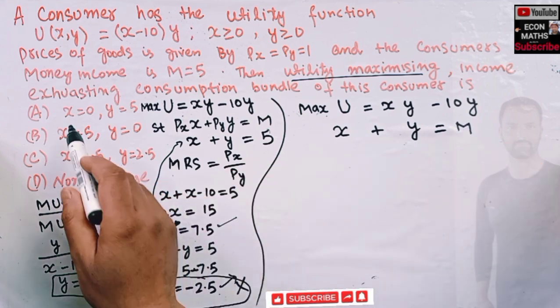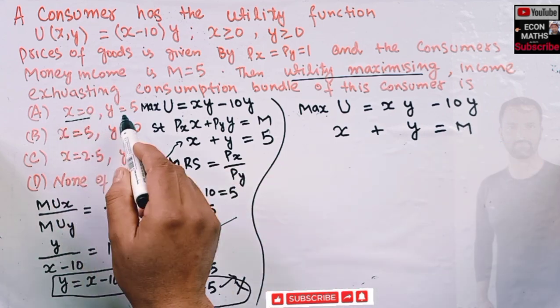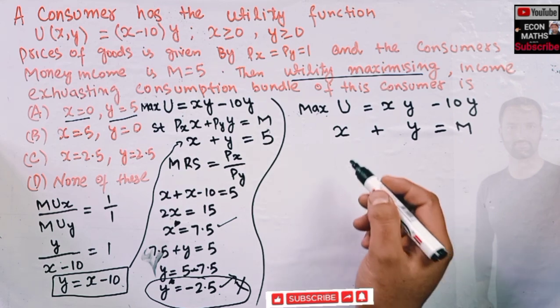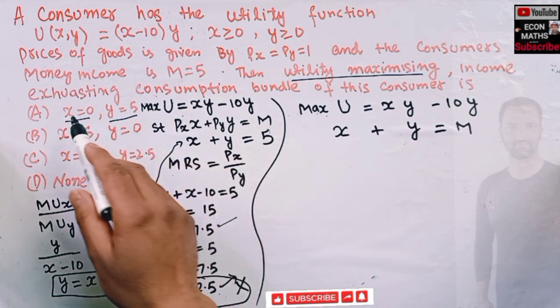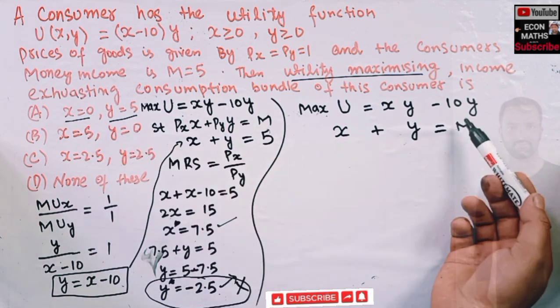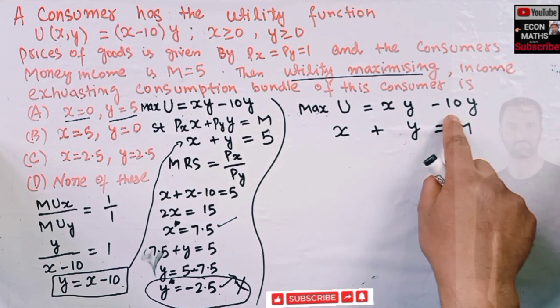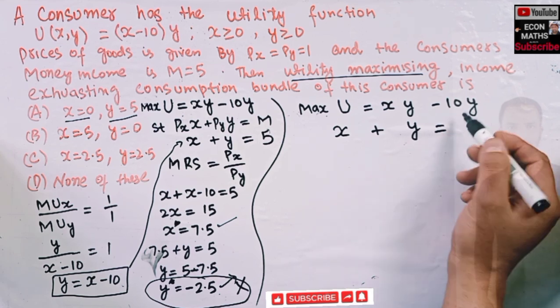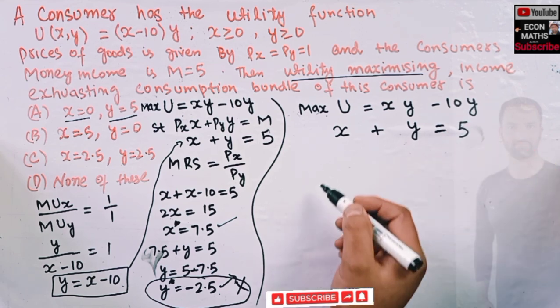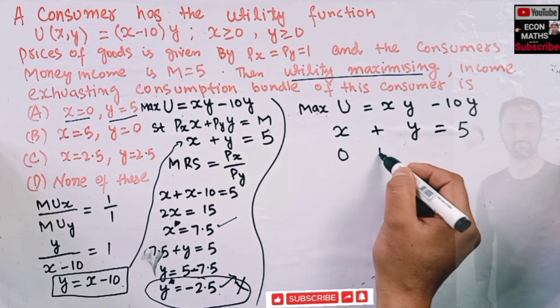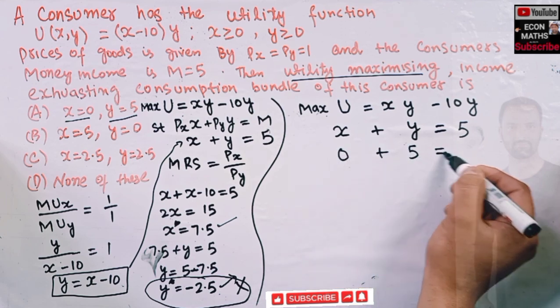If the consumer is consuming 0 units of x and 5 units of y, our budget constraint is satisfied, since 0 plus 5 is equal to 5.